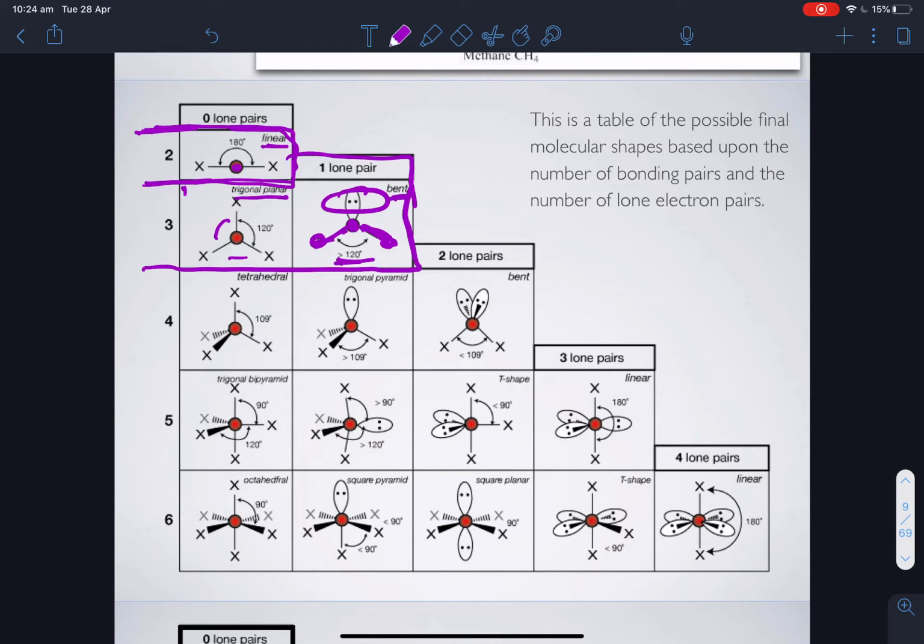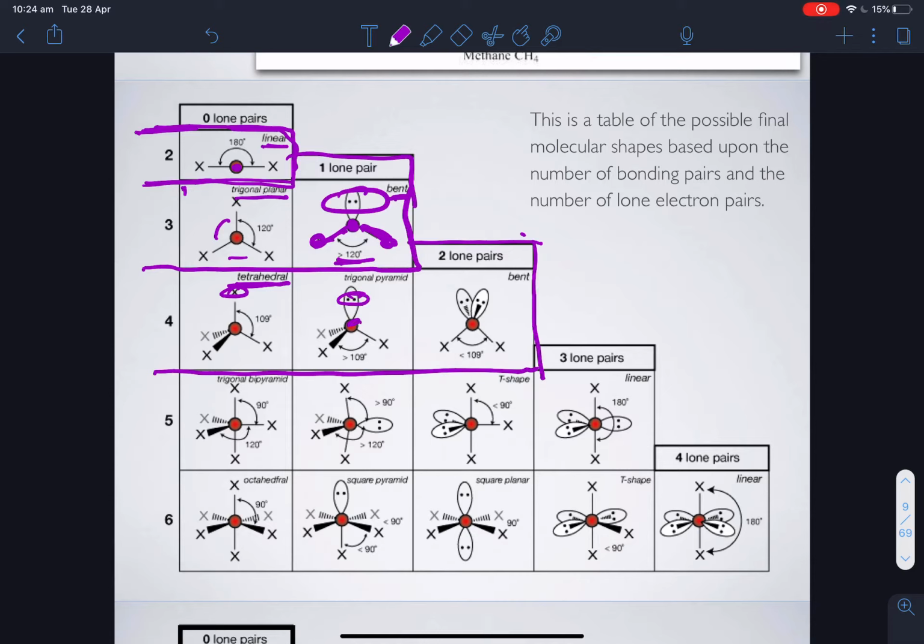Once we have a basis of 4 bonding regions, we have 3 possible shapes. They're all on the tetrahedral basis. So if we have 4 bonding regions and 4 actual bonds, like we did with methane, they're all 109 degrees away from each other, and we see it as an actual tetrahedral shape. But sometimes we can have 4 bonding regions but 1 lone pair.